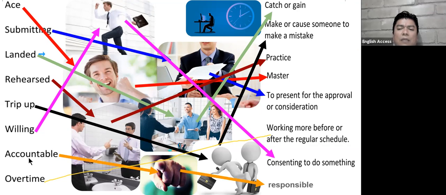Accountable will be responsible. And overtime is working more before or after the regular schedule. What is the picture? The picture will be this one, and that will be connected to the same one that it was previously connected. So there are your answers.